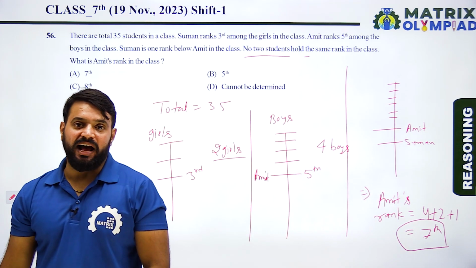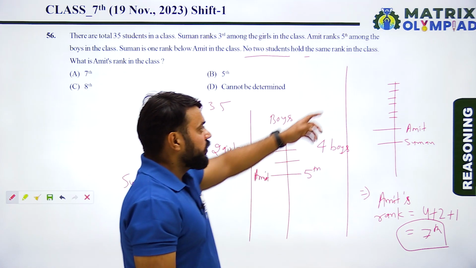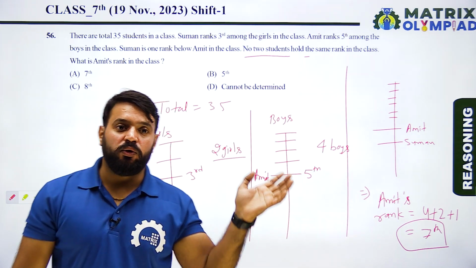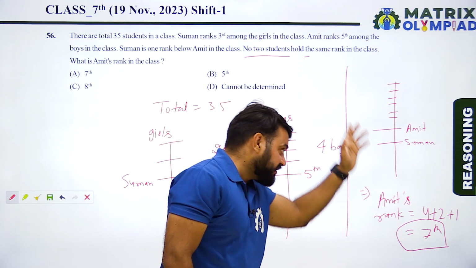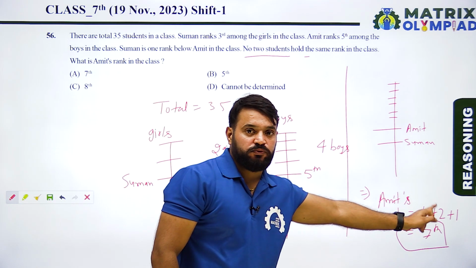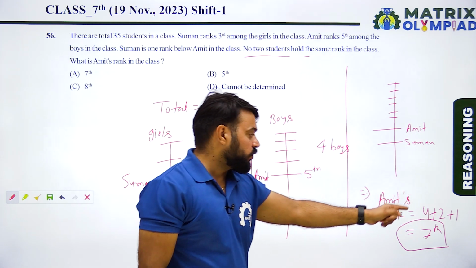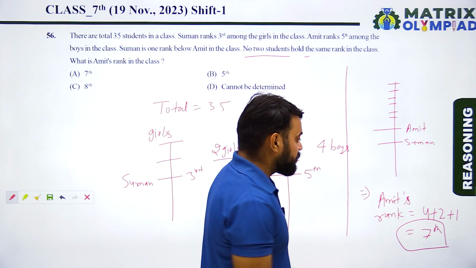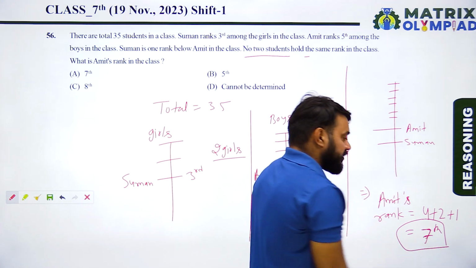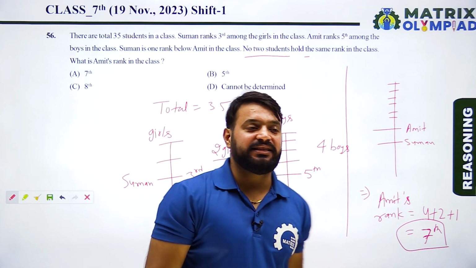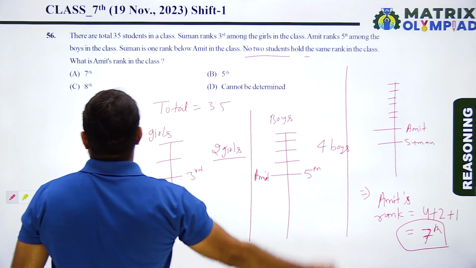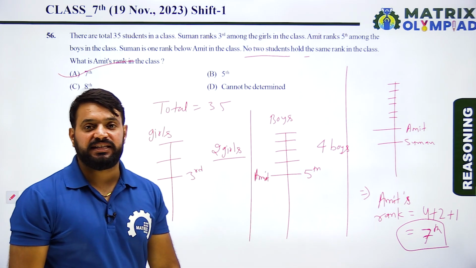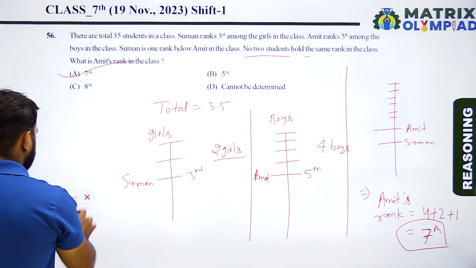Amit's rank in the class is 7th because 4 boys and 2 girls, 6 students, are ahead of Amit. So option A is the correct answer of this question.